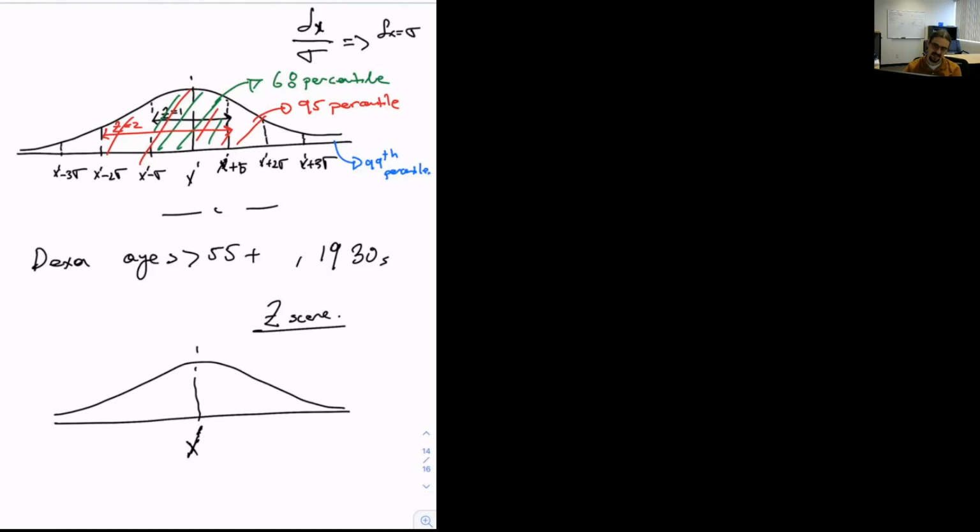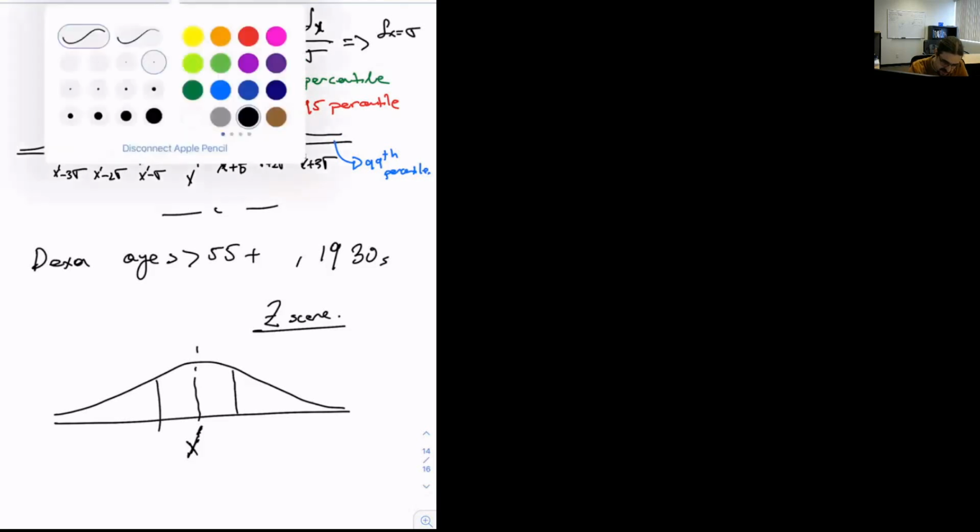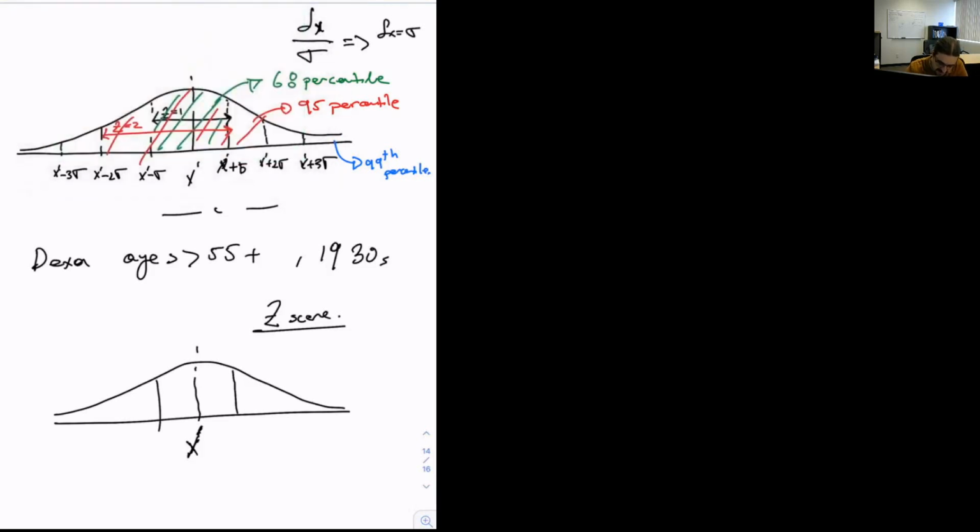So if your z-score is 1 or lower, that means that you are within the 68th percentile of your population's mean. That means that you are pretty close to the mean value.